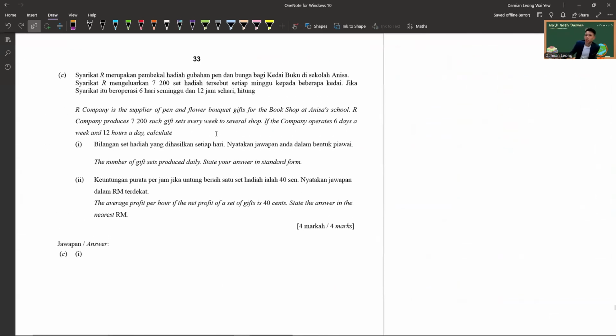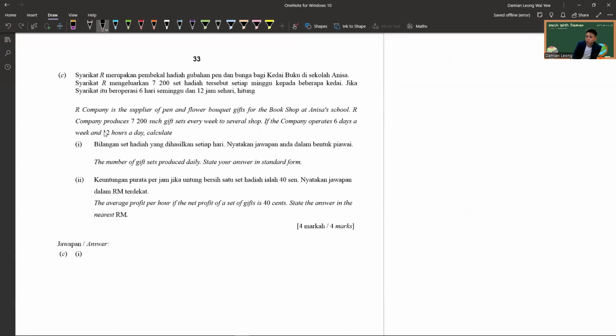Then part C. Number of gift sets produced daily. Answer in standard form. So we have our company, supplier of pen and flower bouquet for the bookstore. Our company produced 7,200 such gift sets every week to several shops. If company operates 6 days a week and 12 hours a day, I want gift sets produced daily.